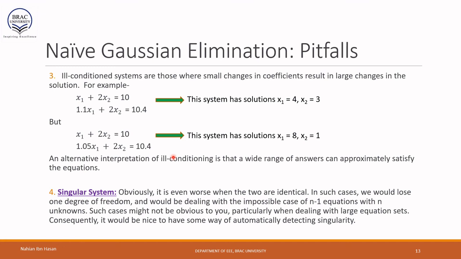Now we actually have two equations with three unknowns, so we cannot solve such a system. We need a system where the number of unknowns is equal to the number of equations. So once there are two identical equations in the system, we cannot use the naive Gaussian approach. So there's another pitfall. Such systems are called singular systems.